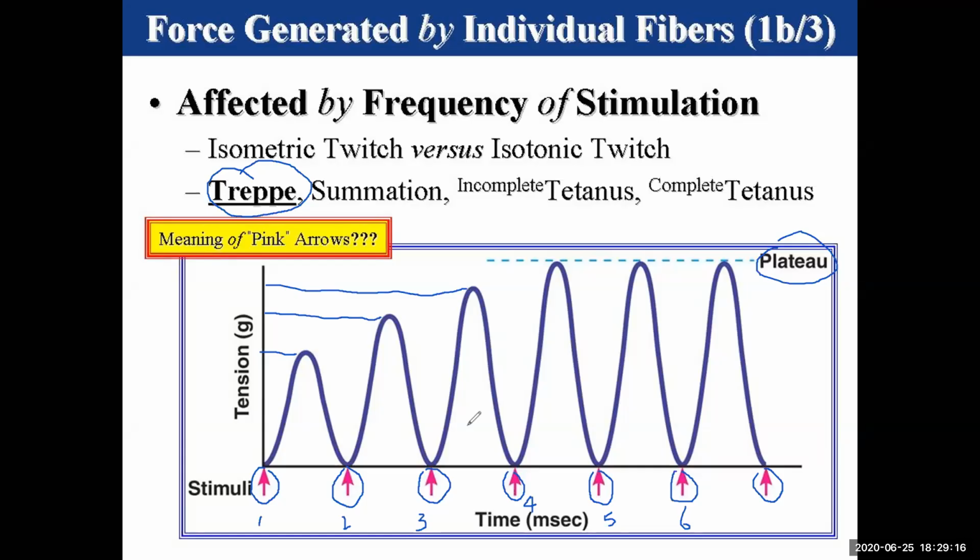So for whatever reason, the cross-bridge formation becomes more effective. The muscle becomes more efficient in generating these cross-bridges and the force of contraction. But we don't really understand what's going on with these observations we call treppe.